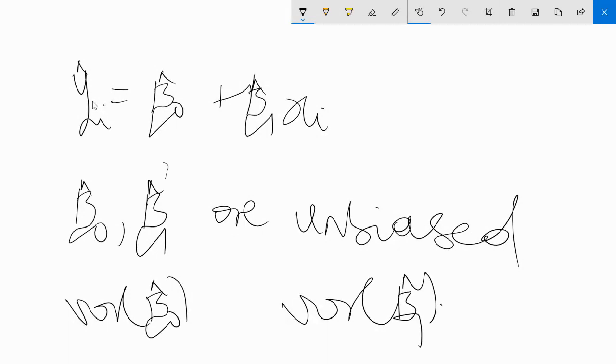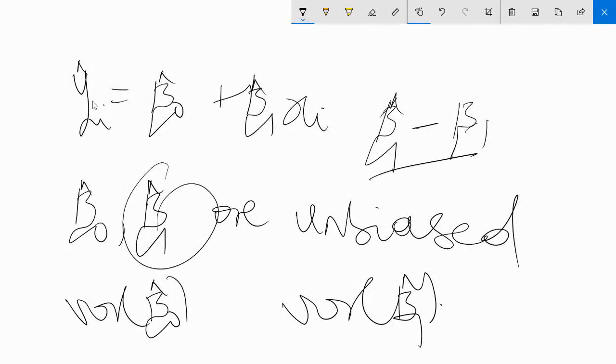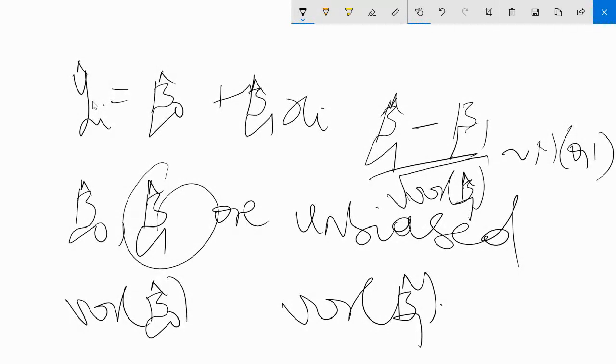We can also standardize beta 1 hat: beta 1 hat minus beta 1, divided by the standard deviation, the square root of the variance of beta 1 hat. This follows a normal distribution with mean 0 and unit variance.